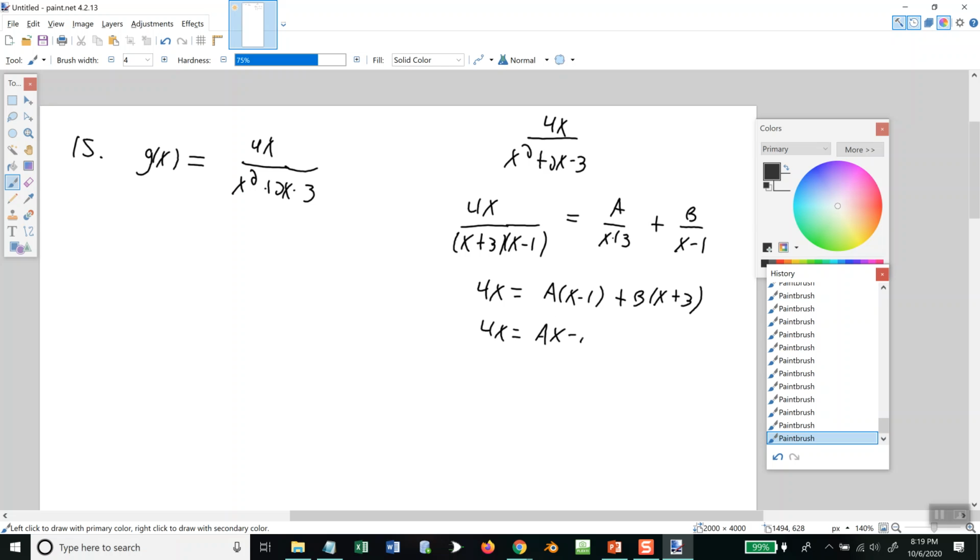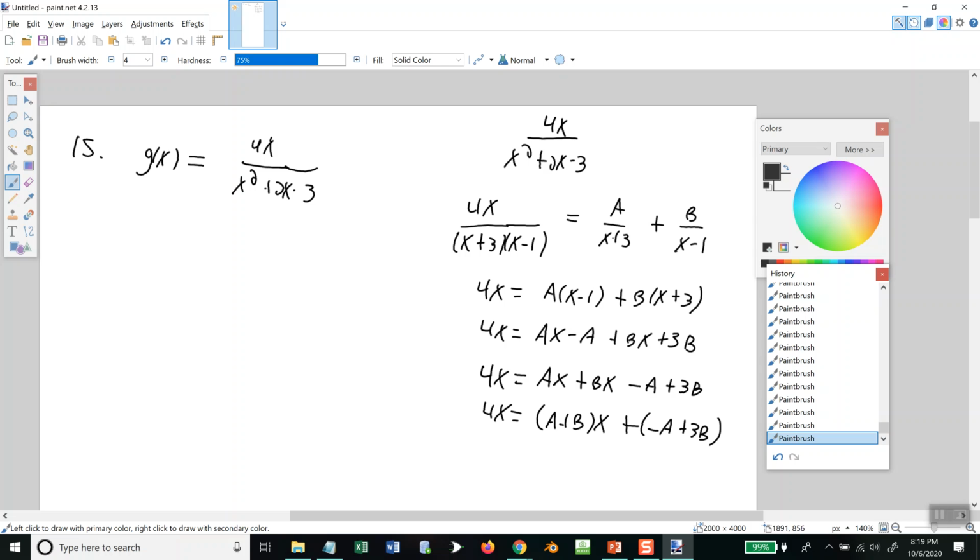It gives us Ax minus A plus Bx plus 3B. So I got Ax plus Bx, negative A plus 3B. And remember, we factor out an x. So I got A plus B x, and then we got negative A plus 3B.